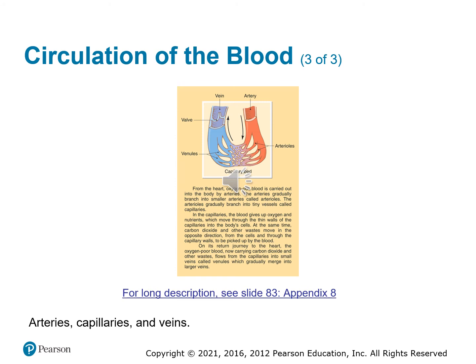As those capillaries come back together with the carbon dioxide that it's picked up, we develop into veins. So you have arteries to arterioles to capillaries, and then venules to veins.